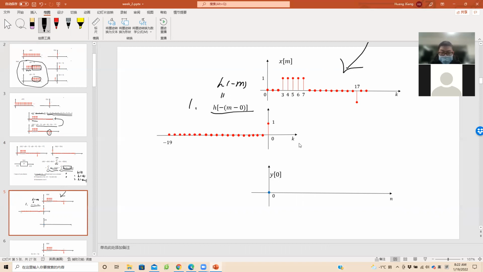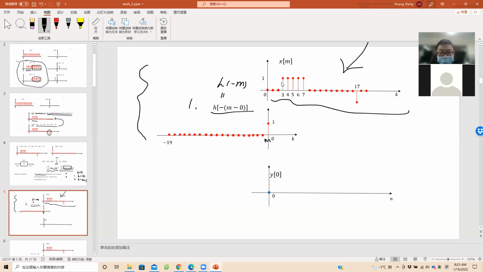Then you do the production of these two singulars, and then you sum up all values over k, and you can see the final result is 0, since the h function has only one value when k equals 0, and for k equals 0, x of 0 is 0.